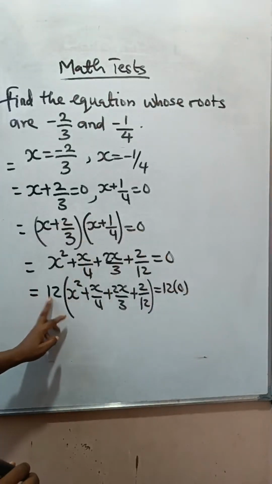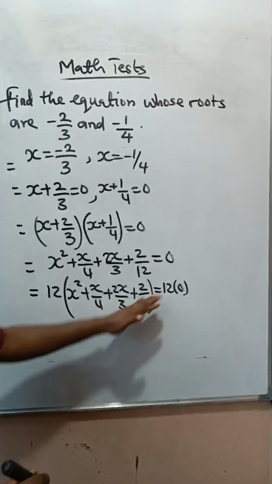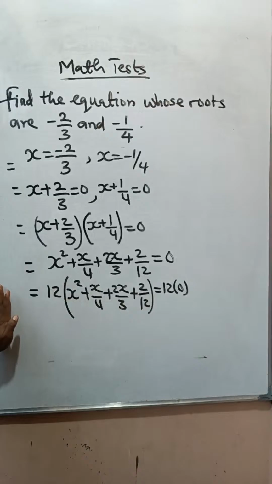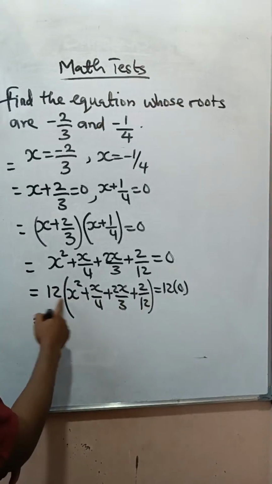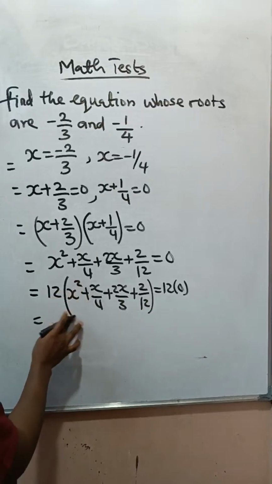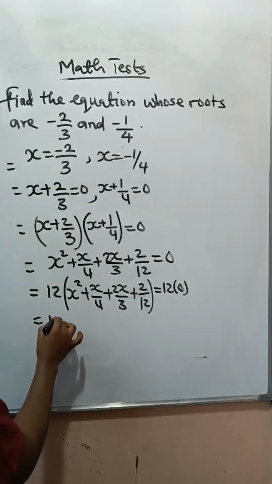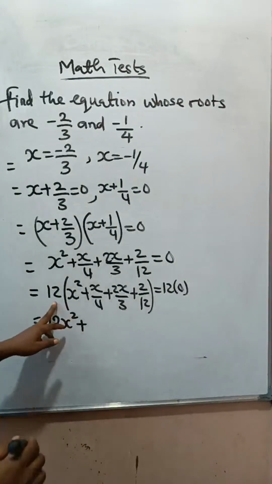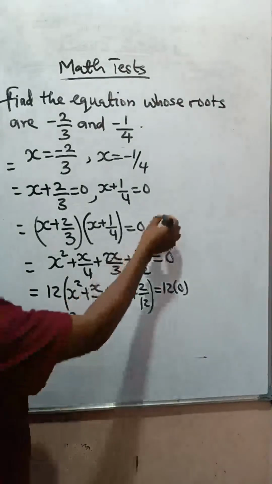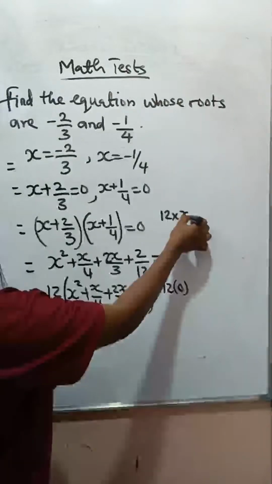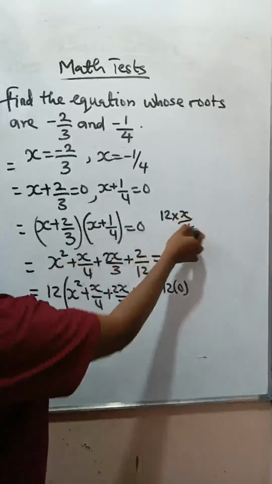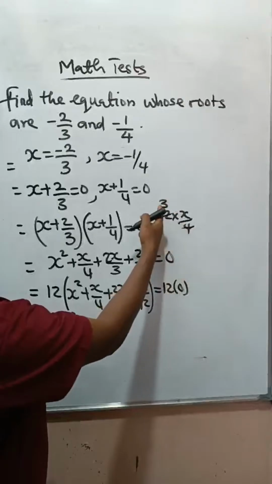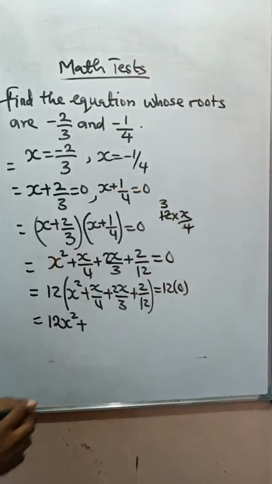Why are we doing that? Because that is the only number that can cancel the fractions and give us an equation that we can solve. So 12 times x squared will give us 12x squared, plus 12 times x over 4. 4 we divide 12, we have 3. 3 times x is 3x.